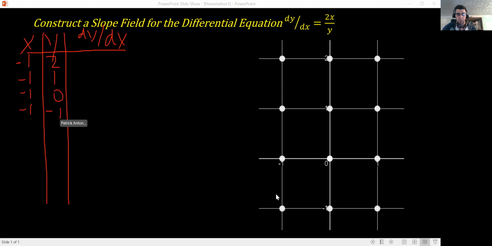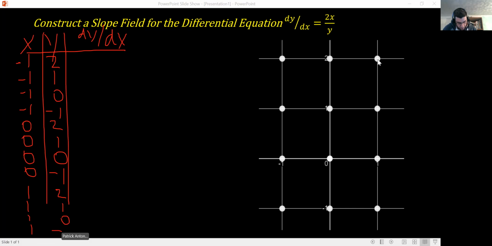So we get all 4 of these points. Then we'll move to this column of points: (0, 2), (0, 1), (0, 0), (0, -1). And then the last column of points would be (1, 2), (1, 1), (1, 0), and (1, -1).